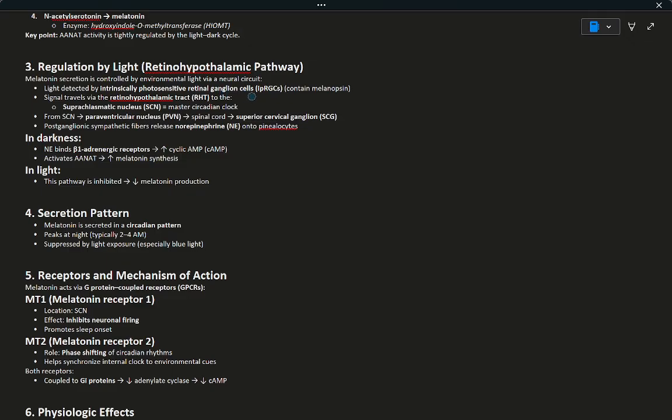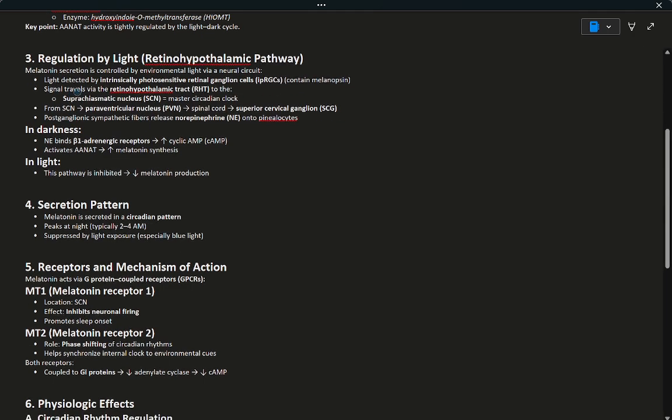They contain the melanopsin, and then the signals will travel through the retinohypothalamic tract to the suprachiasmatic nucleus. And the suprachiasmatic nucleus is the master circadian clock.